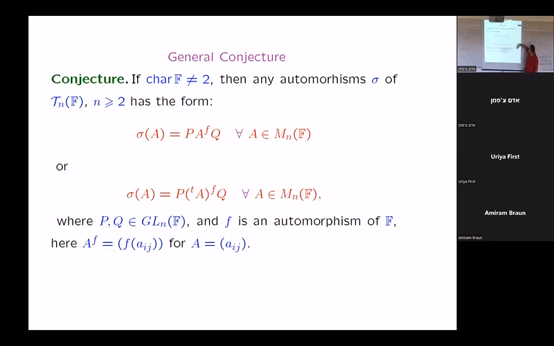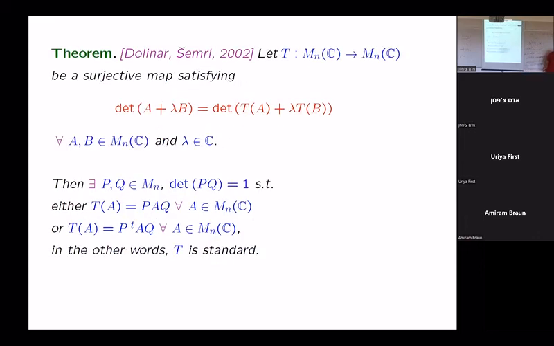So, in general, people believed in a certain standard characterization for such maps, but this was shown only for 2 by 2 matrices with a few other examples, and we realized we could apply the following approach. There is a nice result by Taliner and Schemel, another generalization of Frobenius's result.